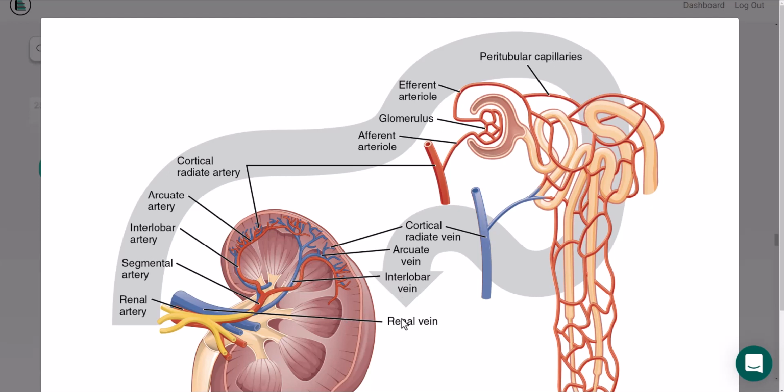The only thing that's not identical is that, notice, there is no segmental vein, but the rest of this story is a parallel story as we think about the incoming arterial structures and the outgoing venous structures. The renal vein is then going to merge back to the inferior vena cava and carry that blood back to the heart.